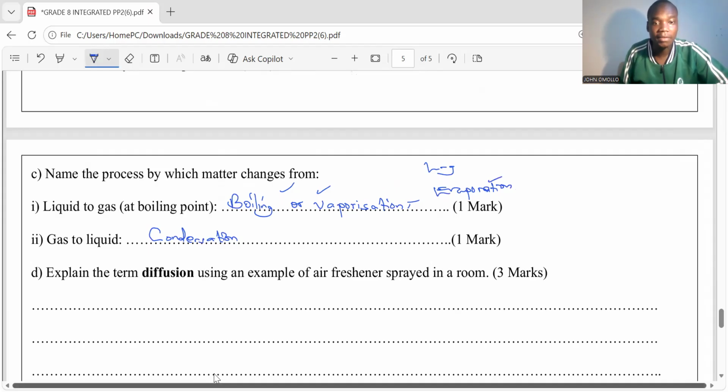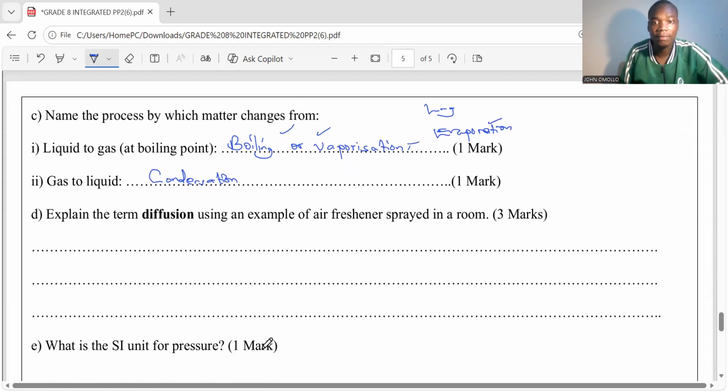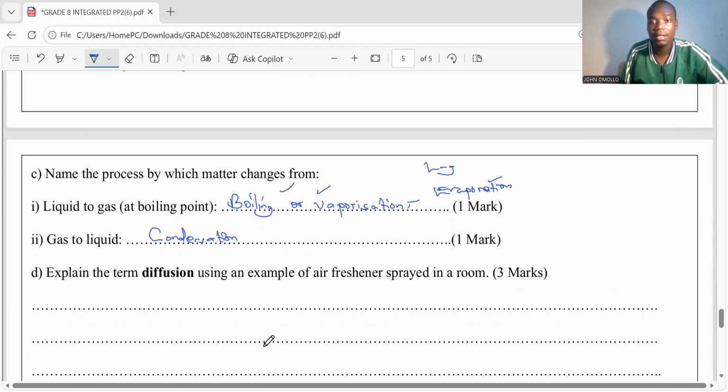Explain the term diffusion using an example of air freshener sprayed in a room. Somebody might ask, why is the teacher saying condensation, evaporation, and all that? So there's a formula here for you. She met Lily eating green colored lemon from Sudan.